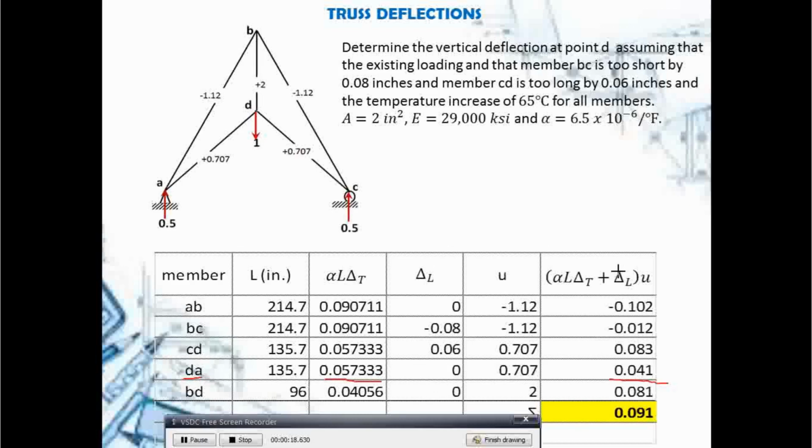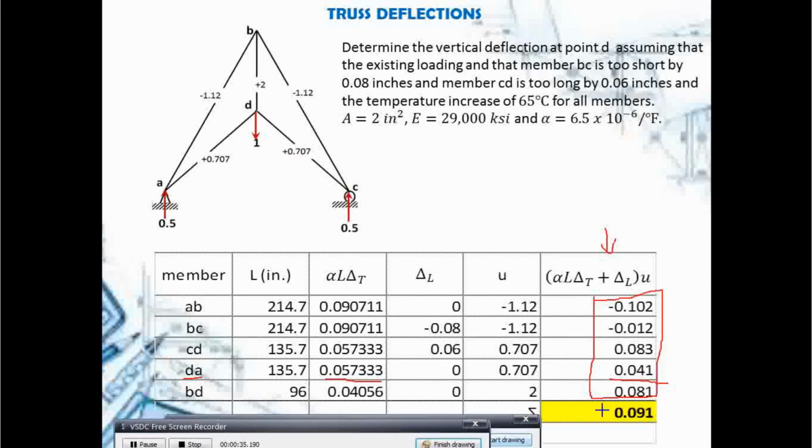Pag nakuha nyo na itong column na to, yung mga values nito, next thing you have to do is to take the summation of member AB hanggang kay BD. Then take that summation and my answer is 0.091. It turned out this is positive. Ano ibig sabihin ulit ng positive?